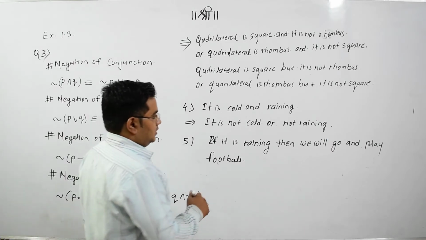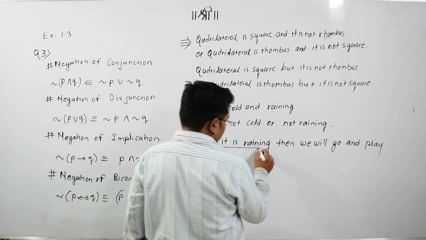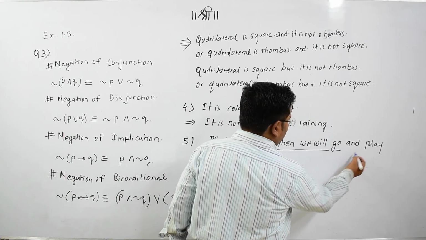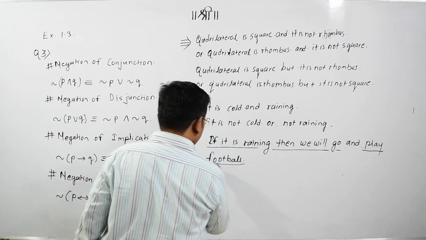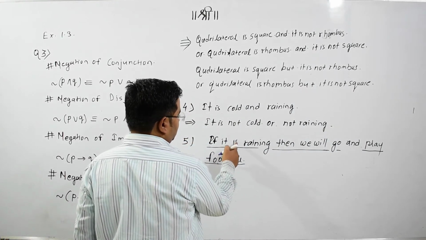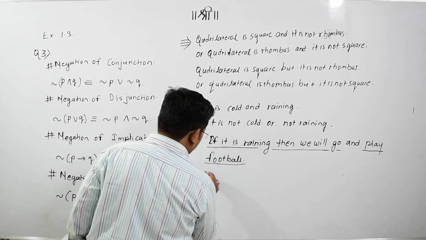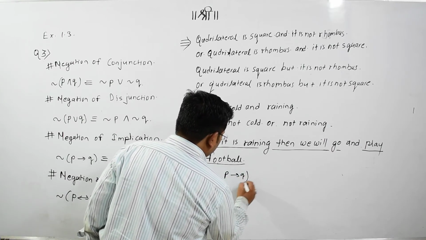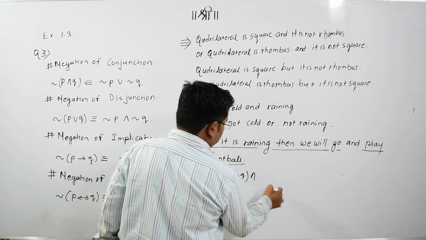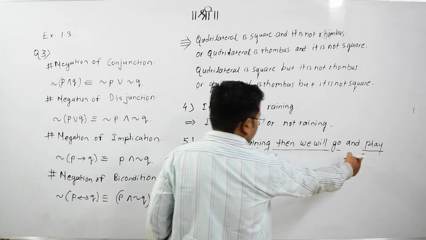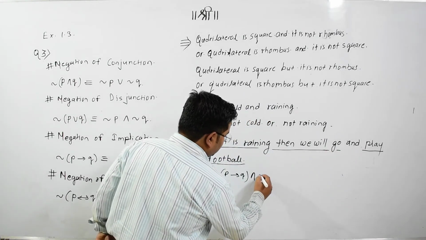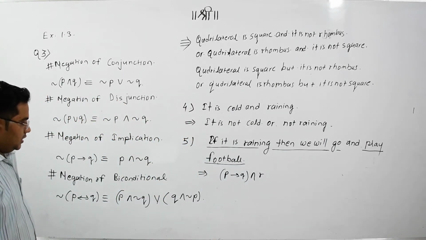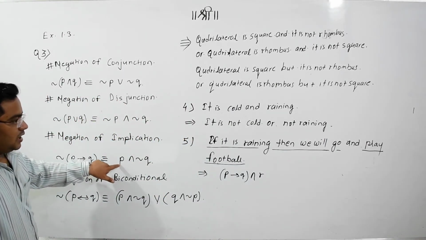This whole statement is different, and this whole statement is different. If you look at it properly, if it is raining, this is one statement, P implies Q, and this is another statement, play football, which is R. Hope you got it? Now what should be its opposite?